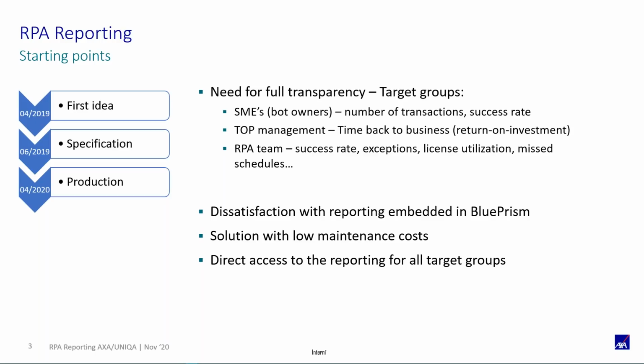So at the beginning of the project, which was run purely internally, we identified 3 principal target groups for the reporting. First were SMEs, our bot owners, then top management, and then it was us, the RPA team, interested in more detail, more about daily runs, more about exceptions.